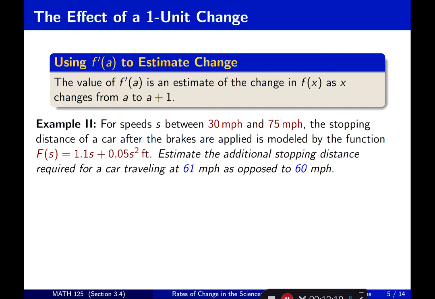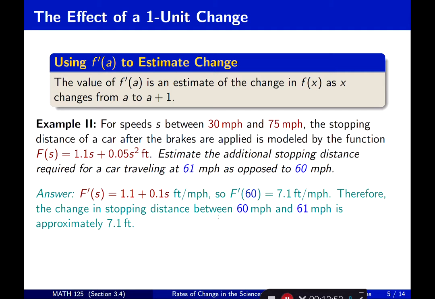So it's easier if I can approximate this difference, instead of plugging in 61 and 60 and then subtracting, and just have a smaller linear equation that does all of that for me. The approximation still kind of holds, even though it's not a really big number.